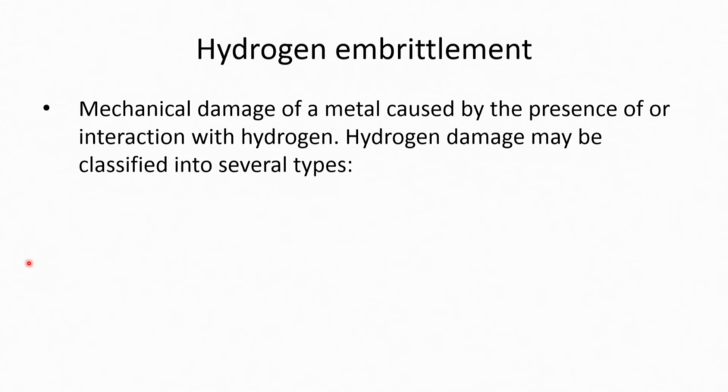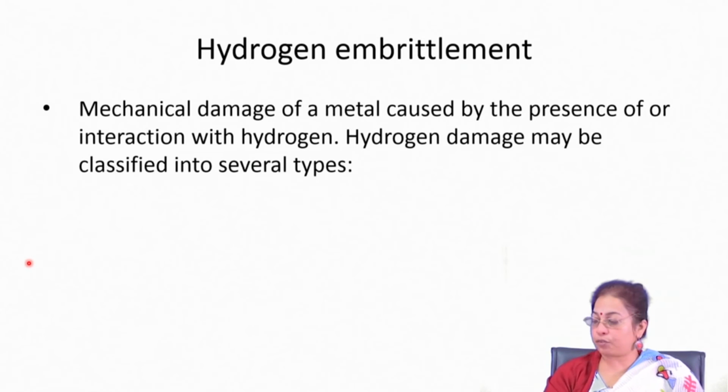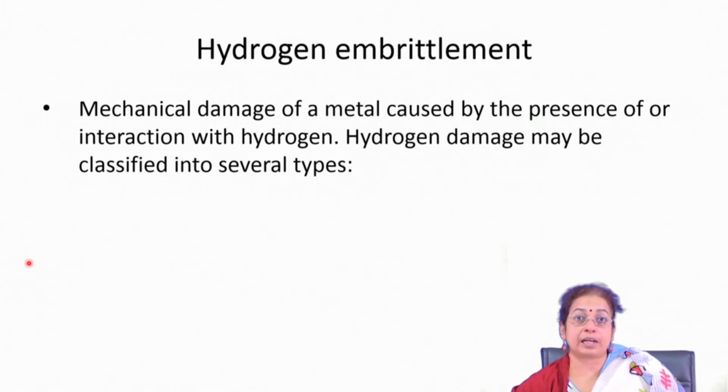By that conversion process they apply a lot of pressure, which causes blistering inside the surface and a swelling effect inside the component, and that also causes embrittlement of the component.